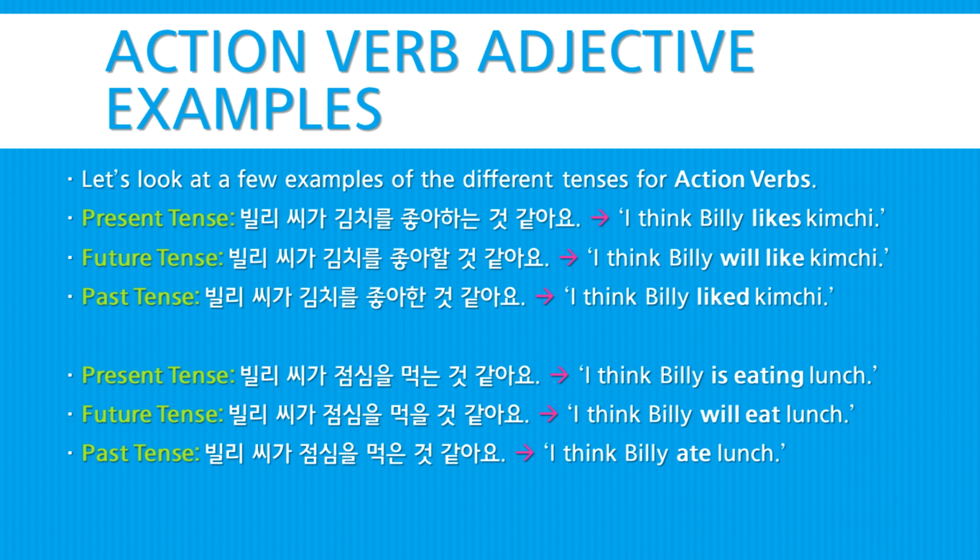In the future tense, 빌리 씨가 김치를 좋아할 것 같아요. I think Billy will like kimchi. Or in the past tense, 빌리 씨가 김치를 좋아한 것 같아요. I think Billy liked kimchi.